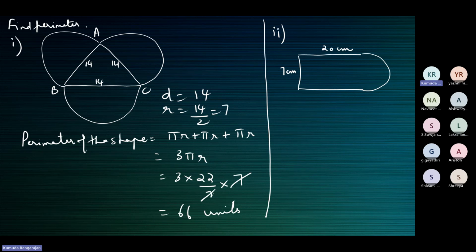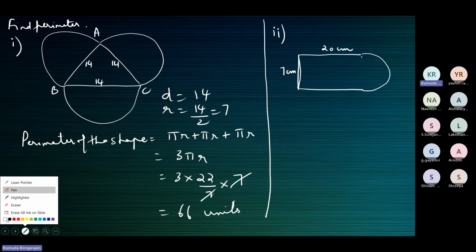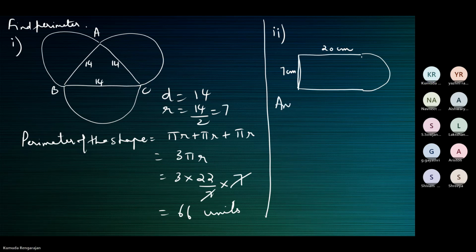Because when this is 7, you have to take the figure again in the answer. Okay, so in the answer, draw the figure again. So this also is going to be 20, because the opposite sides will be equal.